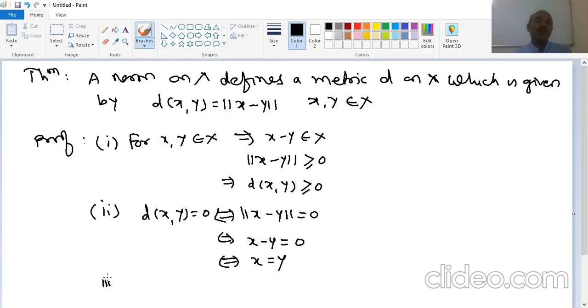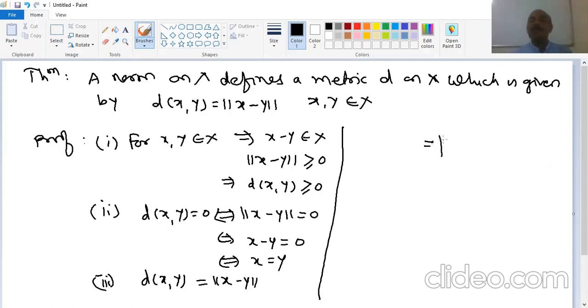Next is the third condition. Third one is d of x, y is equal to norm of x minus y. Here, in norm of x minus y, add and subtract z: norm of x minus z plus z minus y. This is again by the fourth condition of norm.